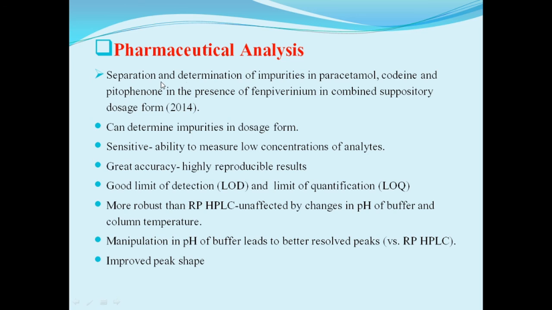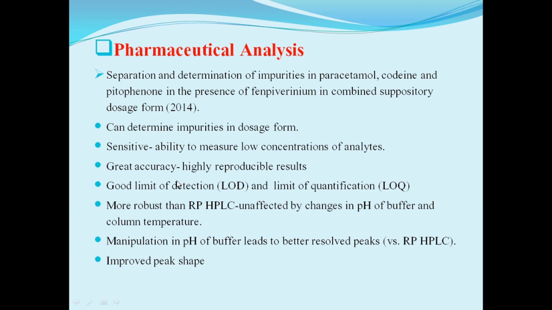Next, application in pharmaceutical analysis: separation and determination of impurities in paracetamol, codeine and pitofenone in the presence of fenpiverinium in combined suppository dosage form. Can determine impurities in dosage forms. Sensitive ability to measure low concentrations of analytes.